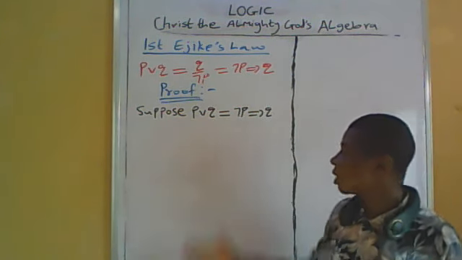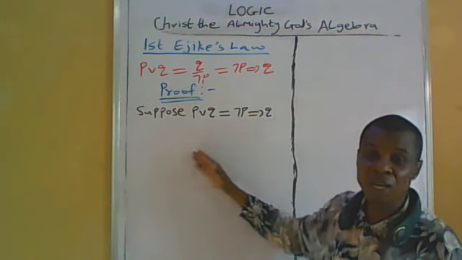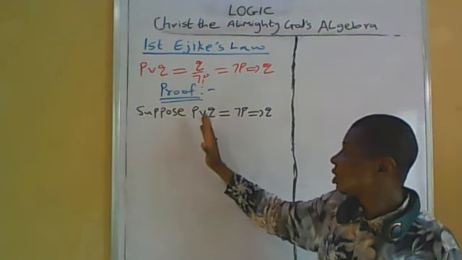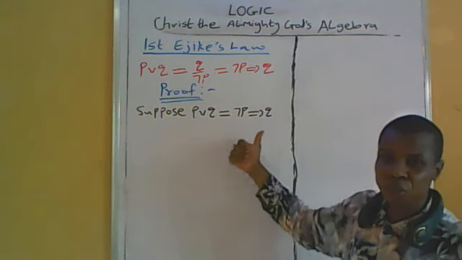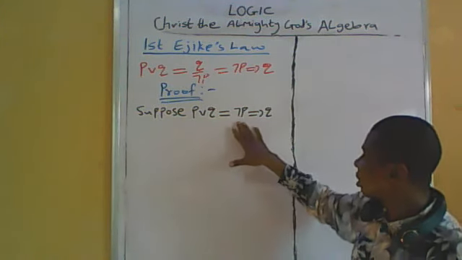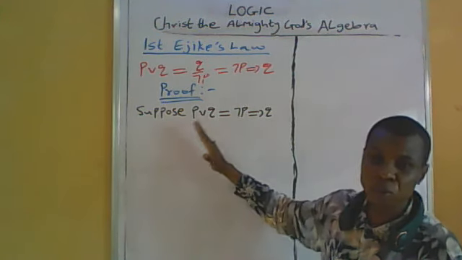And this statement, as I said earlier on, is a logical equivalence, in the sense that whenever the left side of the equation is true, the right side is also true. In the same vein, whenever the right side is false, the left side is also false.